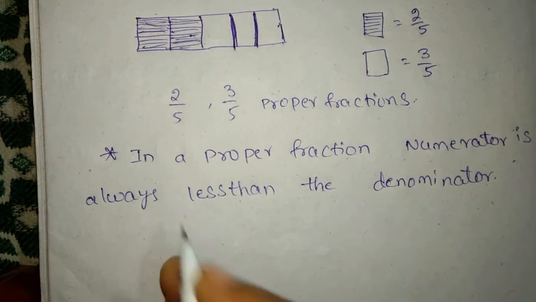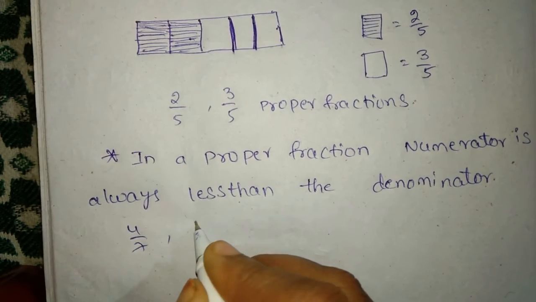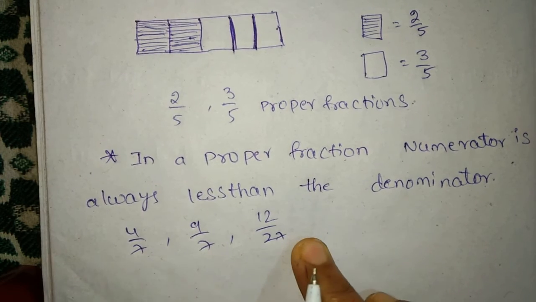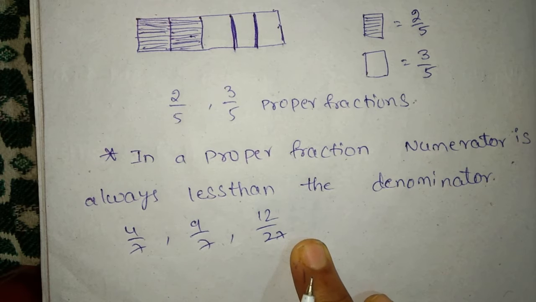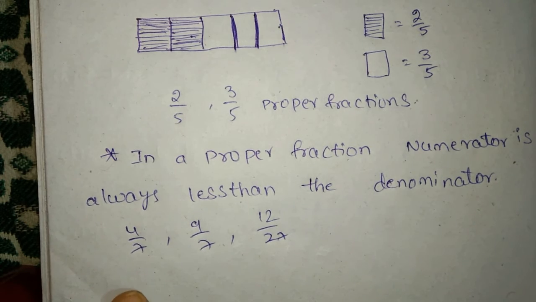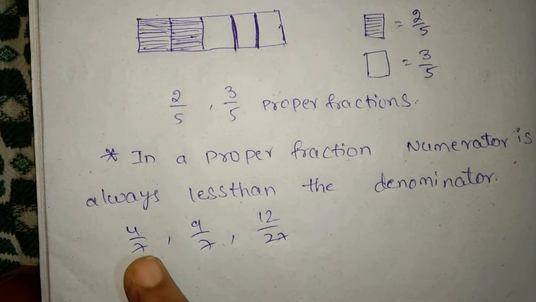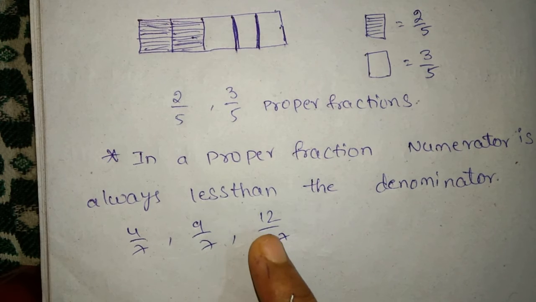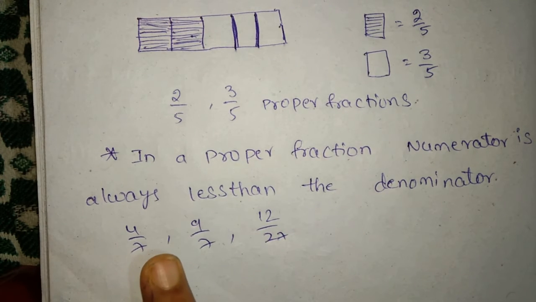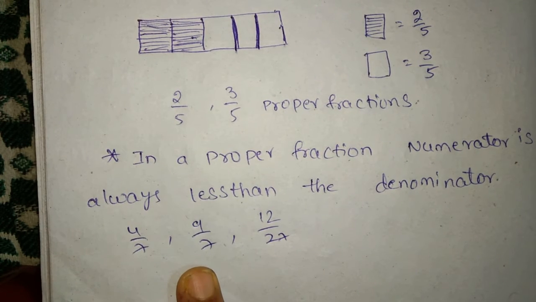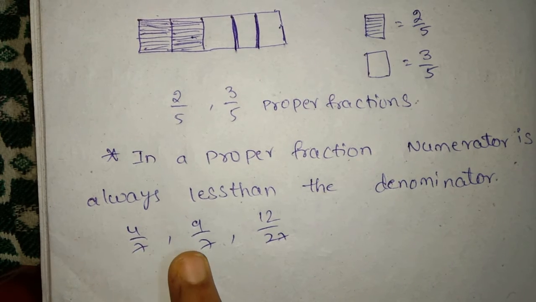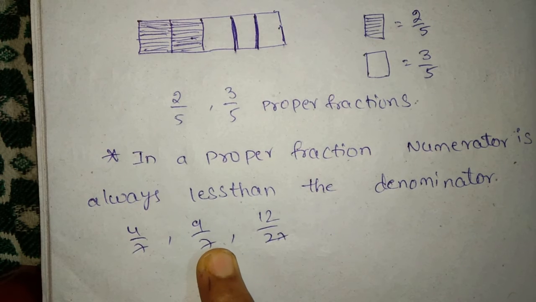If you write 4 by 7, 9 by 7, 12 by 27, here all are fractions. The fractions in which the numerator is less than the denominator are said to be proper fractions.